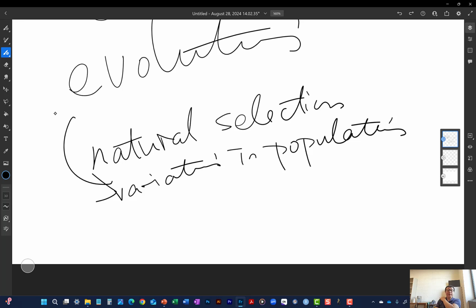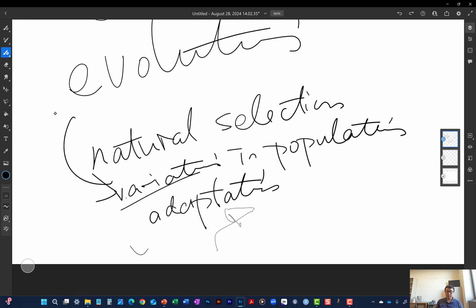And this variation in the population shows up randomly. It doesn't have a purpose. It's just the byproduct of asexual or sexual reproduction, especially sexual reproduction. And then some of those fit the environment. We call it adaptation. And once a certain variation fits the environment, it adapts to the environment, what happens? It expands in this population.